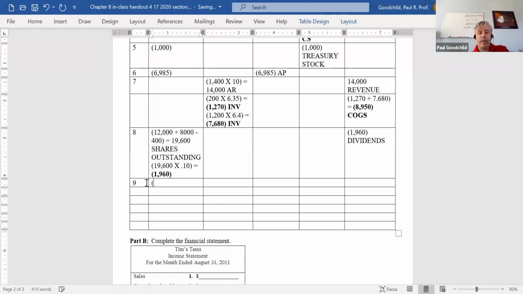So we have $1,000 reduction in cash, 946 reduction in notes payable, and $54 in interest expense.